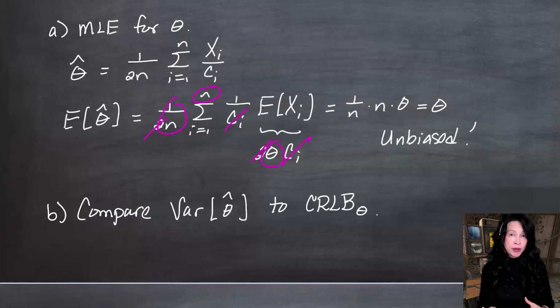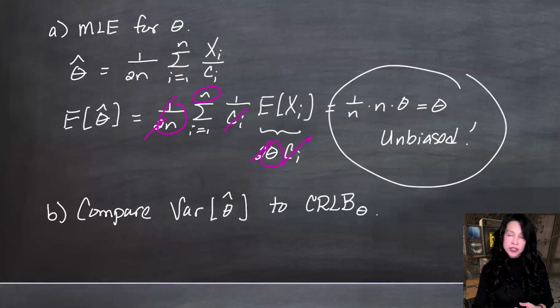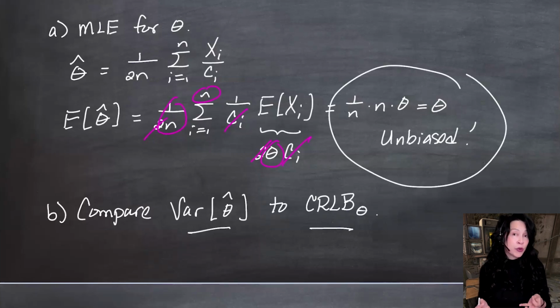For a general MLE, even if it was biased for theta, we still might look at both of these things, but the variance could actually be below the Cramer-Rao lower bound because it's only a lower bound on the variance of all possible unbiased estimators for theta. But we know that in the limit, the MLE is always asymptotically efficient, which means that the ratio of the Cramer-Rao lower bound to the variance is going to 1.